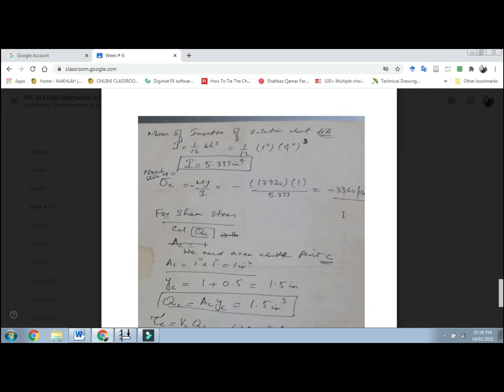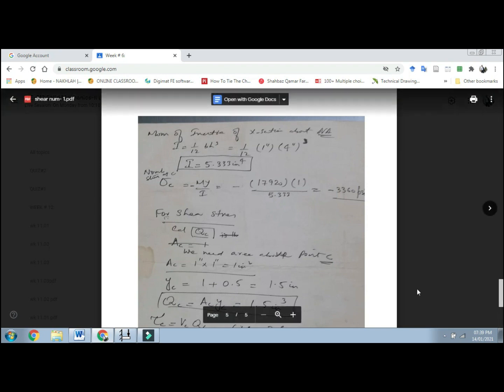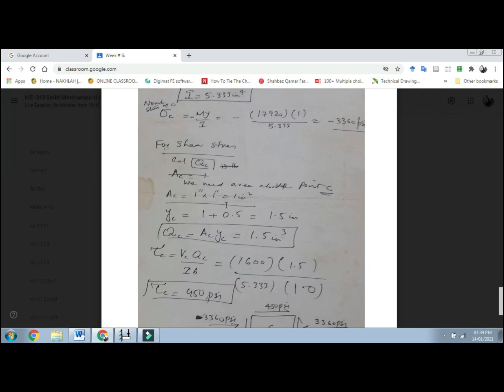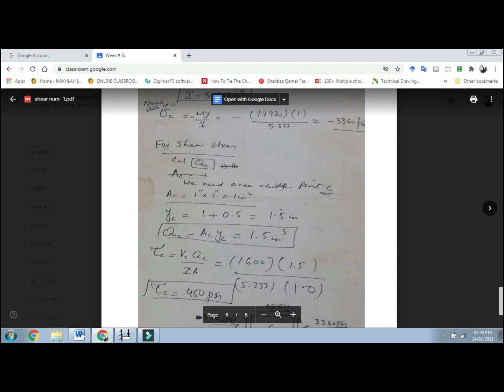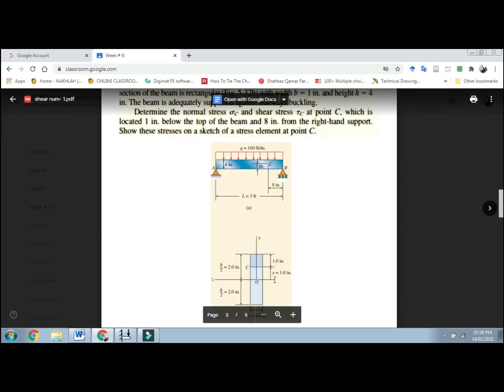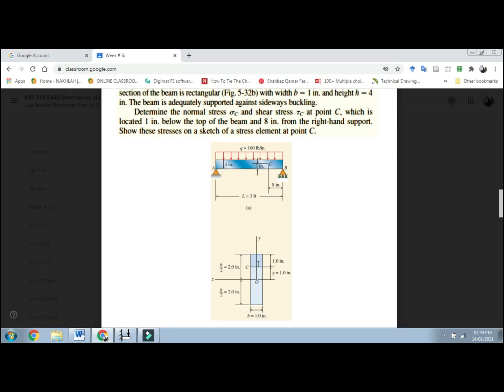And then we calculated the shear stress. For the shear stress, we know that our specific area of interest is 1 inch square. So the centroid of that will be what? It will be 1 plus the centroid of this dark shaded area, 0.5.